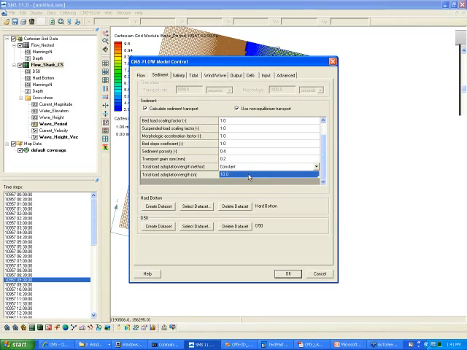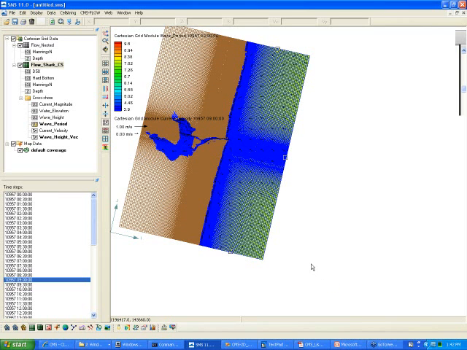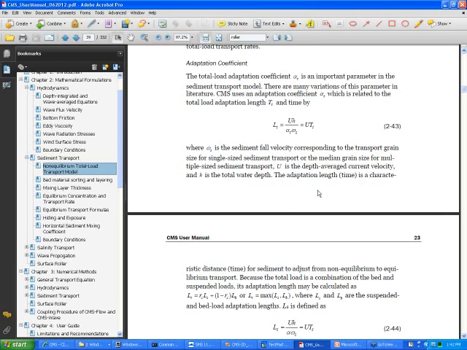How sensitive your results are to the adaptation coefficient depends on your problem. It depends on the size of the problem, how big your grid cells are compared to that adaptation length, and how dynamic your problem is. Let me go back here to the user manual.